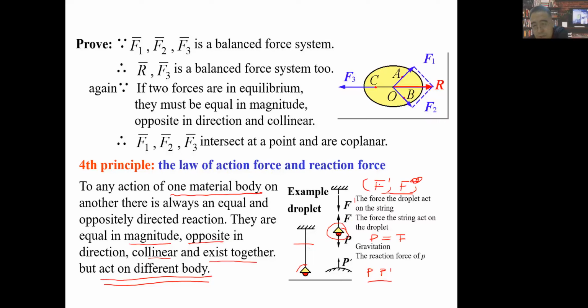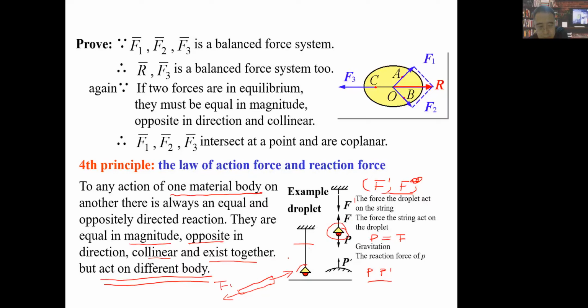this pair of action and reaction forces always acts on different bodies, right? That's the most different from the two force balanced bar, or two force balanced rod. Because if this is the two force bar, there are only two forces acting on this body, and it's in the state of equilibrium.